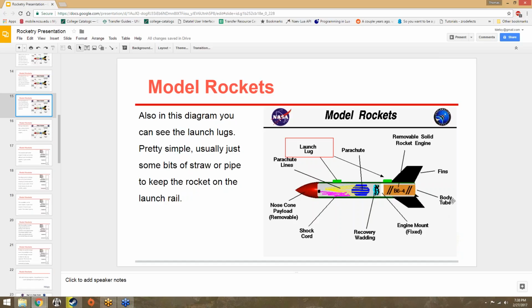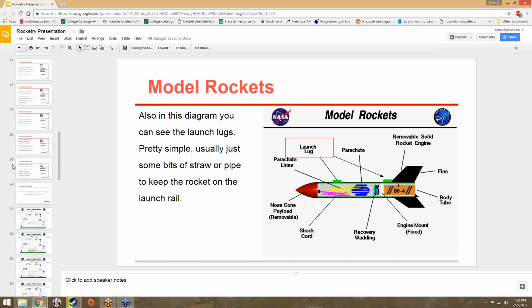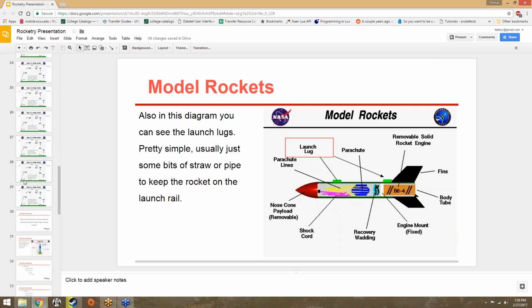Everything is either facilitating recovery, stability, or thrust, and that's it. Everything has a place. Or structure, I suppose, but you can also count that under stability.